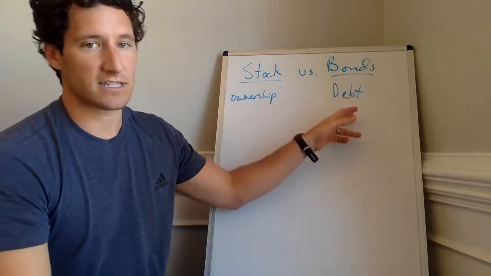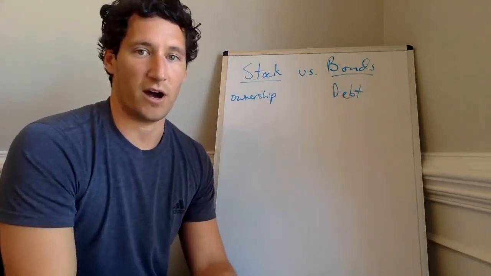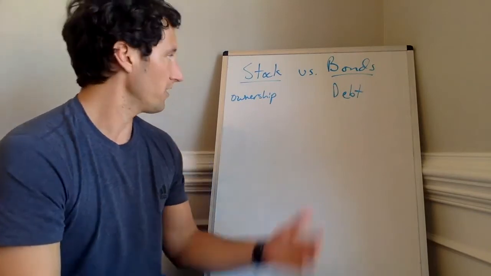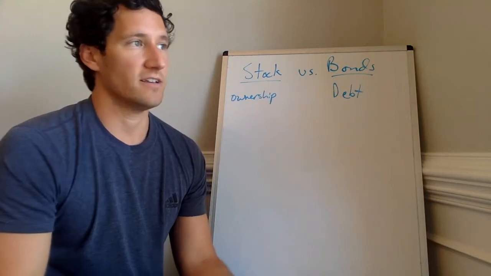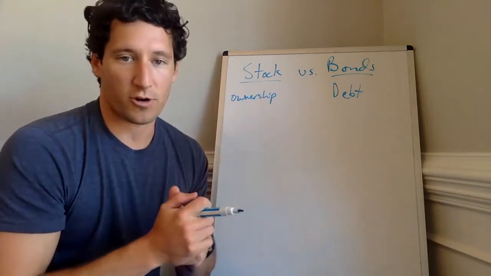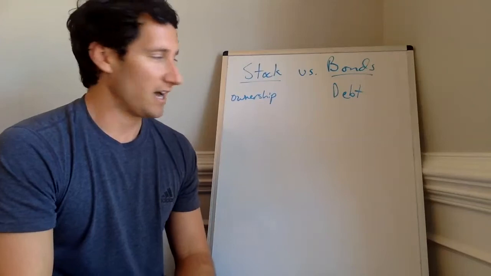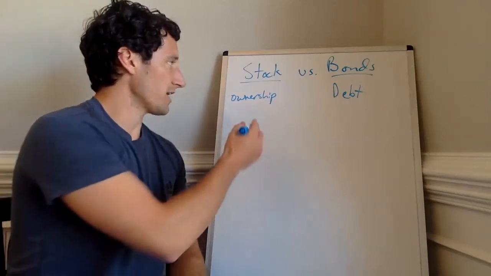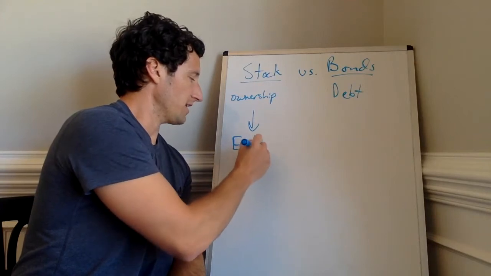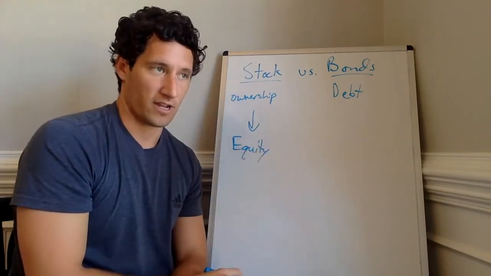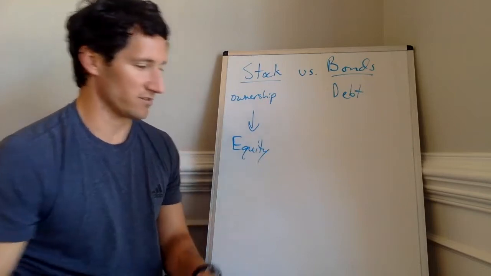So typically it tends to be easier to value these bond instruments and figure out what those are worth. Whereas stock, there's no requirement to repay it. As you know, the stock market prices move up and down all the time.